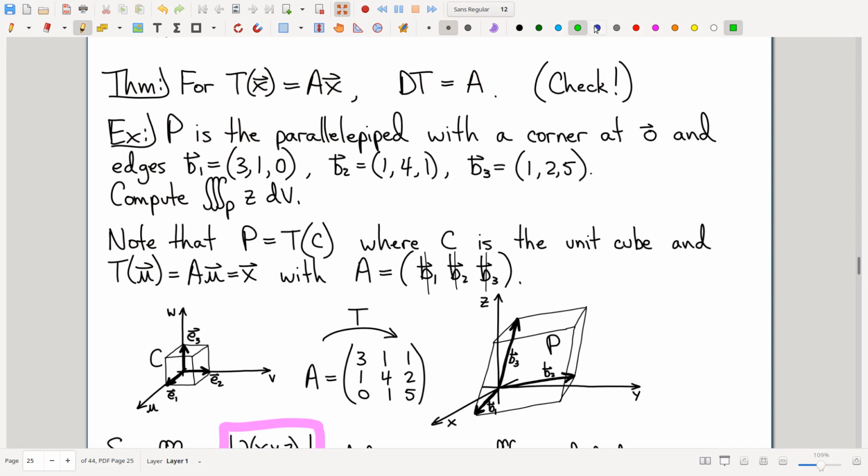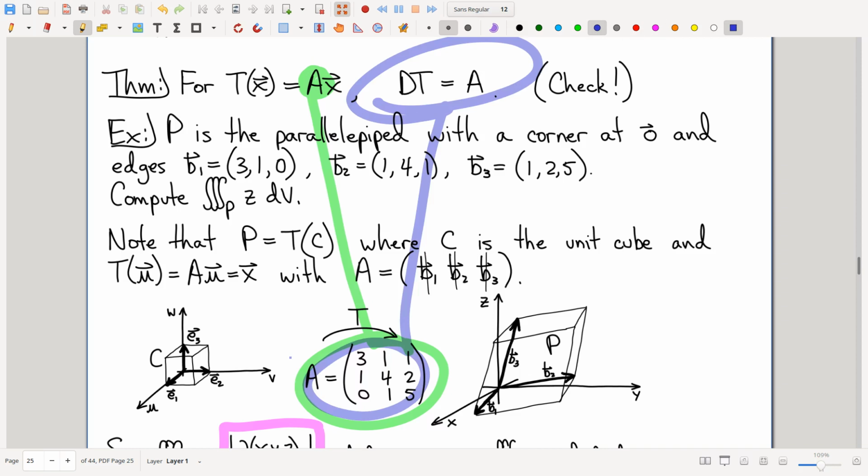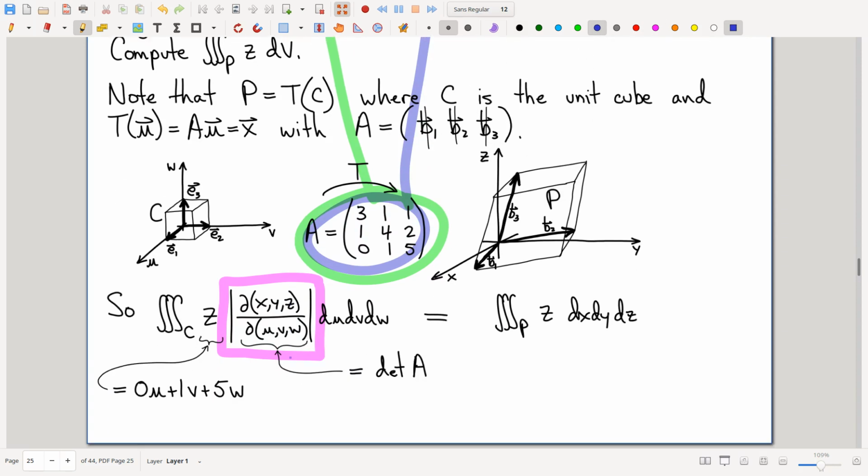When you use a matrix to define a linear transformation, then the derivative matrix is the exact same matrix. So all I have to do to take my derivative matrix of my transformation is to just take the determinant of the original matrix that I constructed from the given columns.